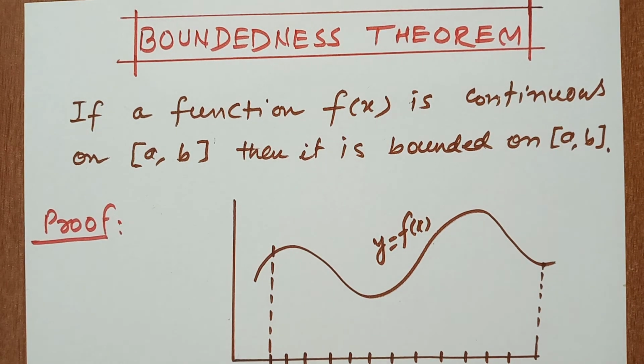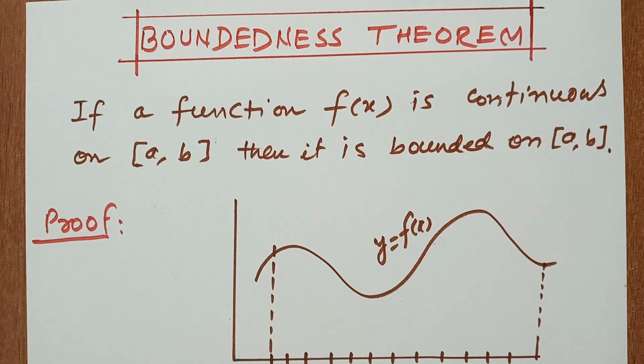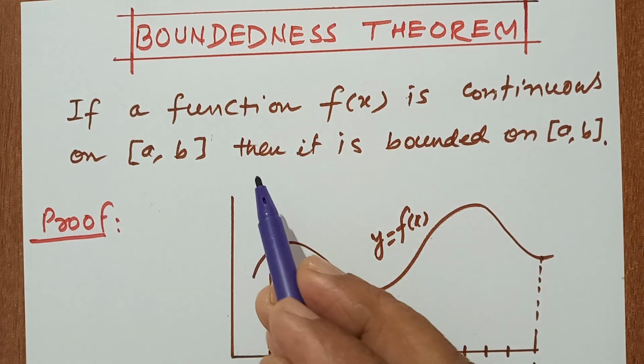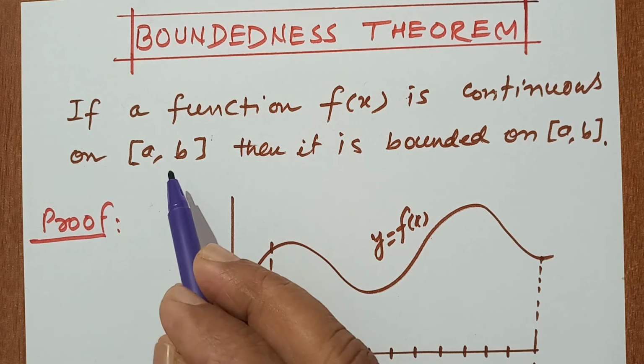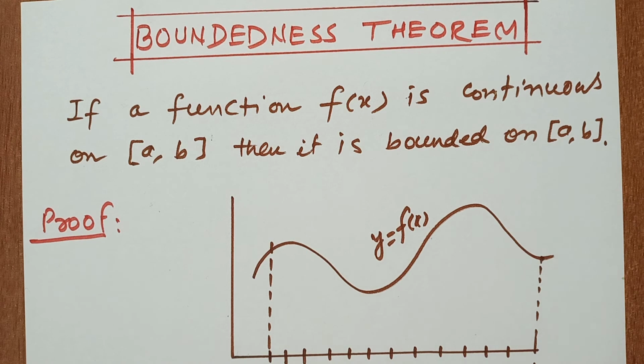Now I am going to explain another very important theorem, the boundedness theorem. What is the boundedness theorem? If a function f(x) is continuous on a closed interval [a, b], then it is bounded on [a, b].